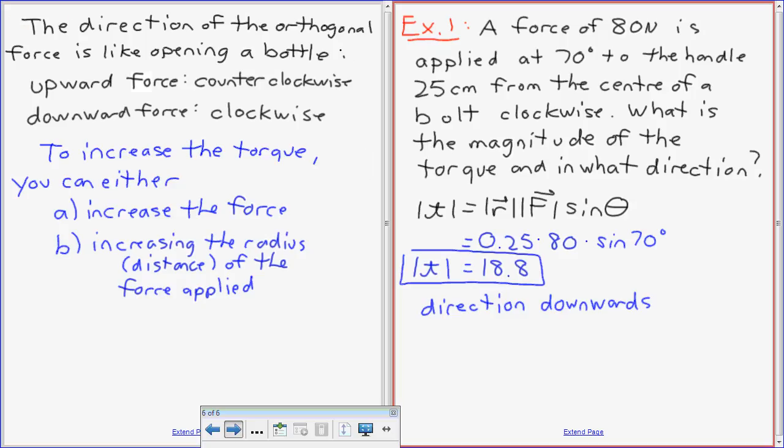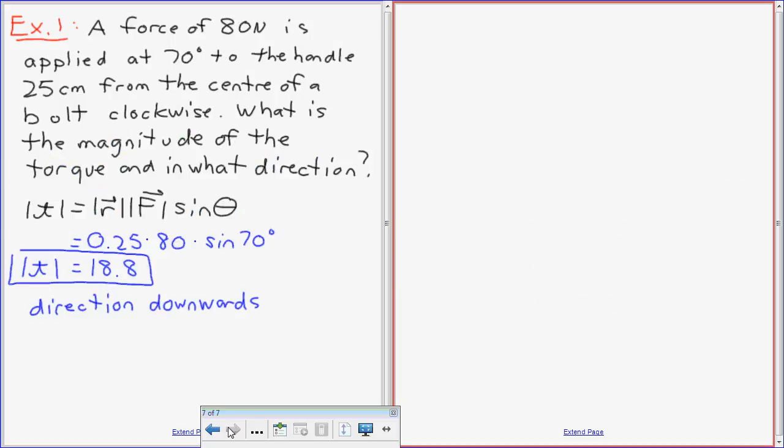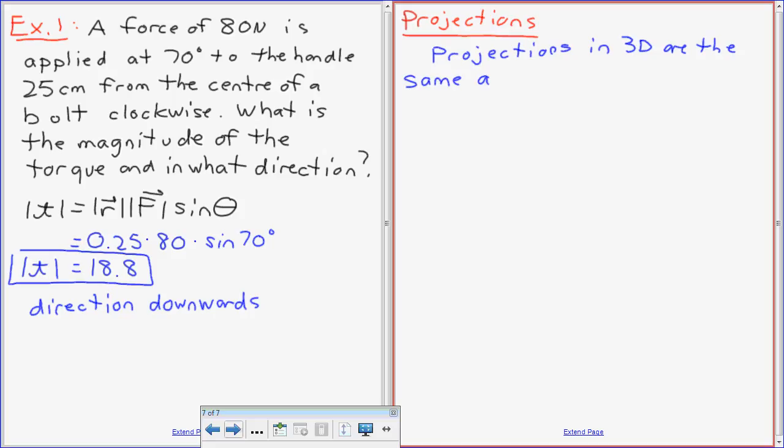All right, here we go. Projections. We're going to say projections in 3D are the same as in example 2.